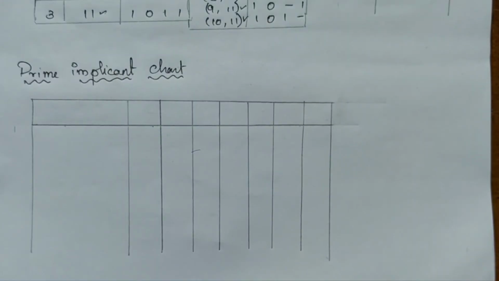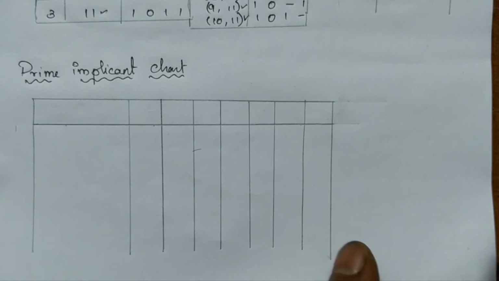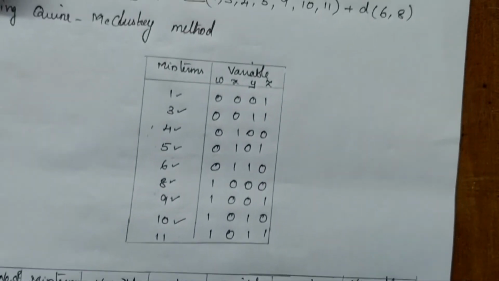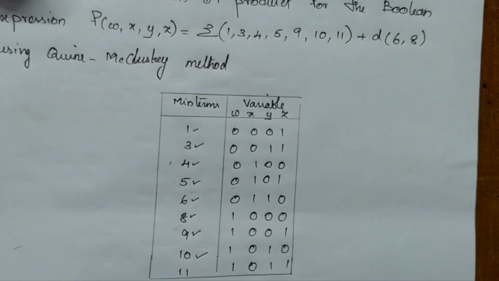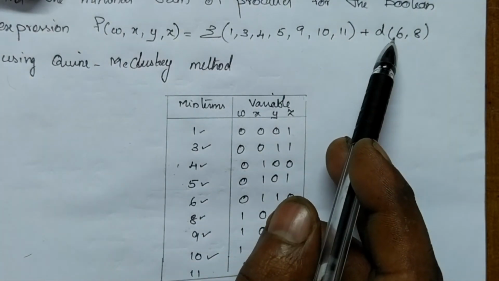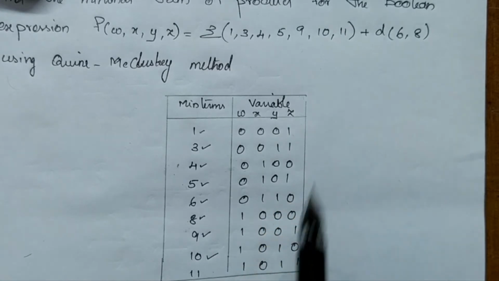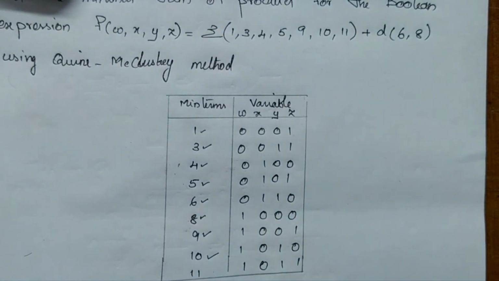Most of them will make mistakes in the prime implicant chart. If we are having don't care terms, it is important to note that in the prime implicant chart never include the don't care terms. So here the don't care terms are 6 and 8. These don't care terms should not be included in the implication chart.